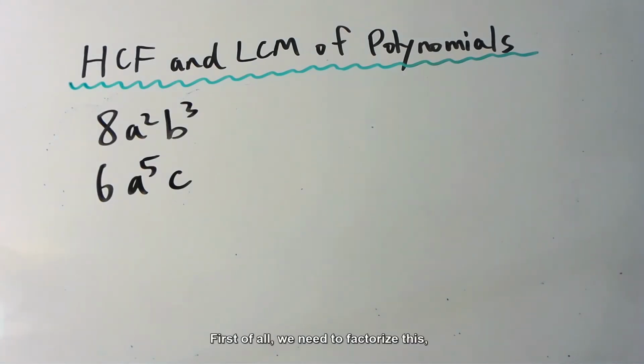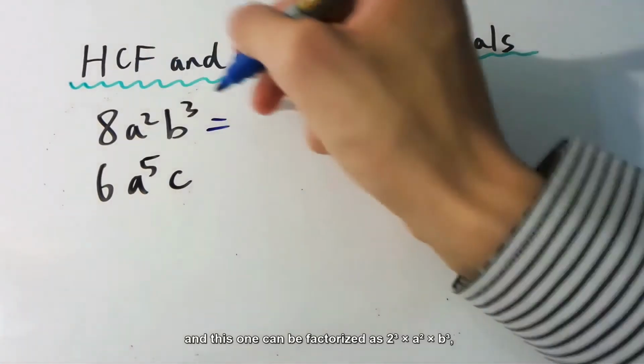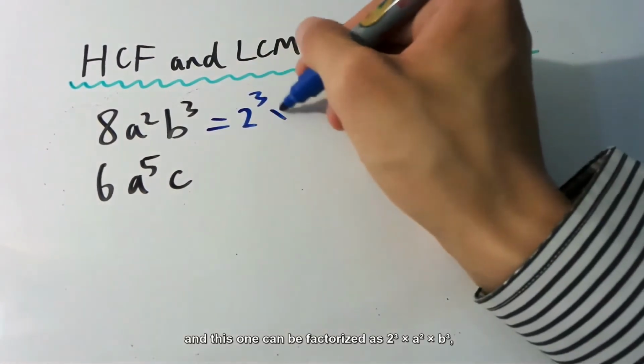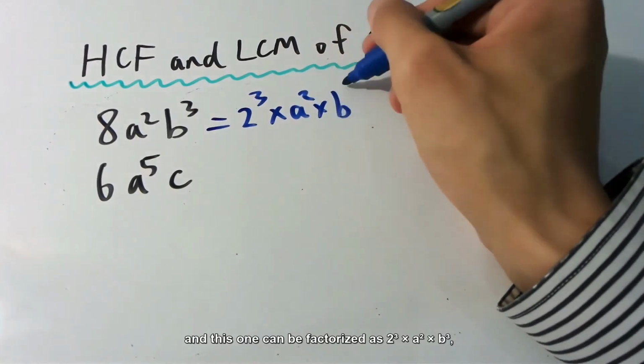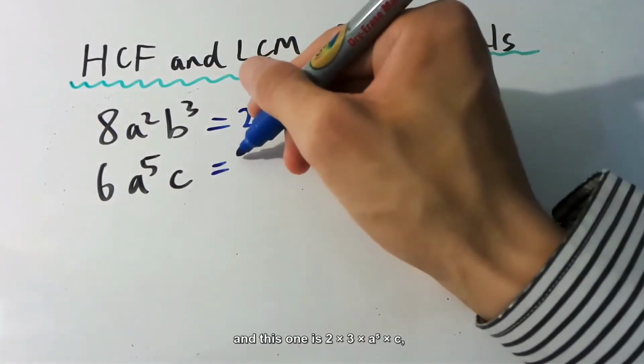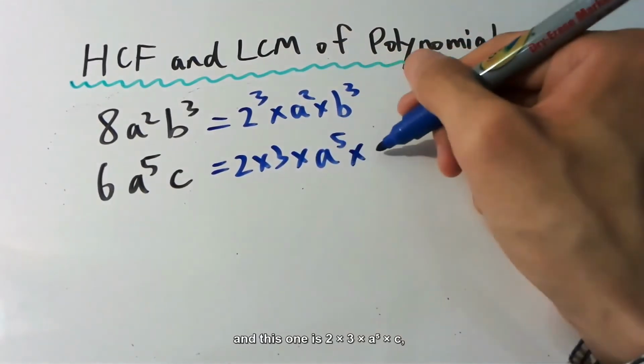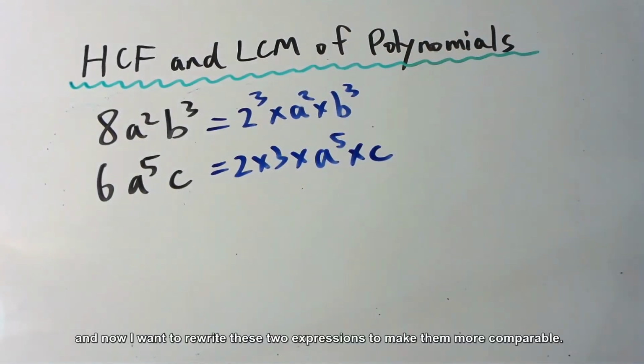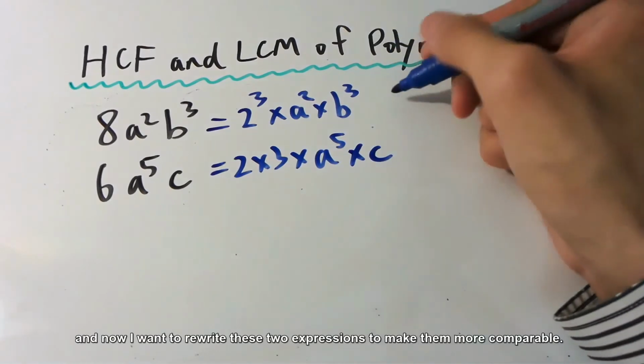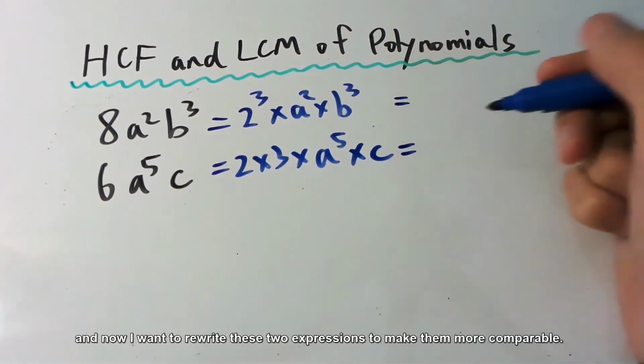First of all, we need to factorize this, and this one can be factorized as 2 to the power 3 times a to the power 2 times b to the power 3. And this one is 2 times 3 times a to the power 5 times c. And now I want to rewrite these two expressions to make them more comparable.